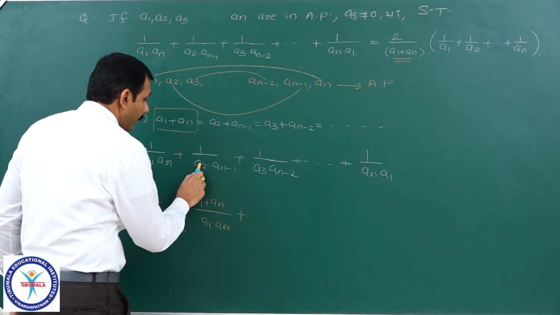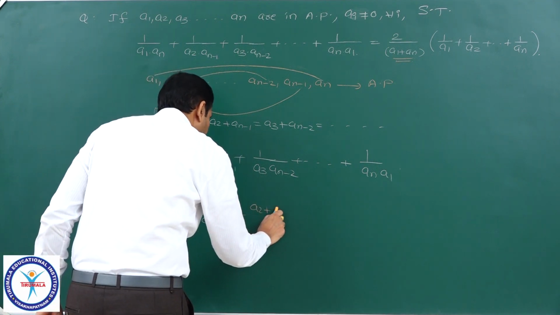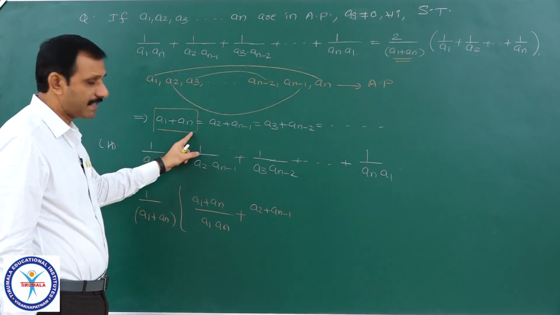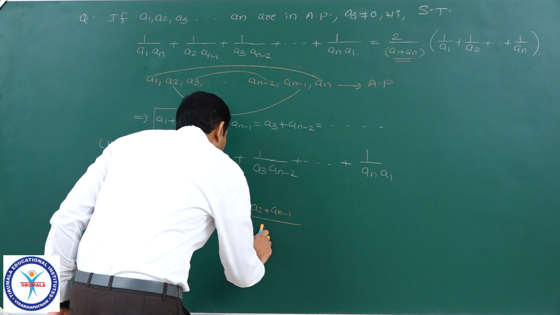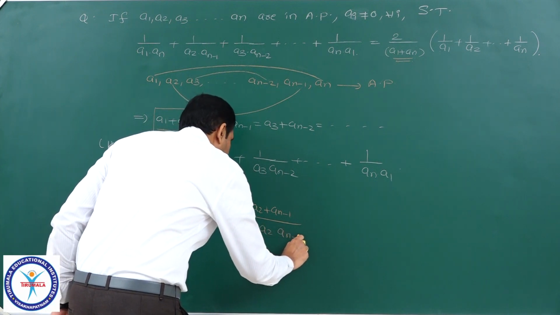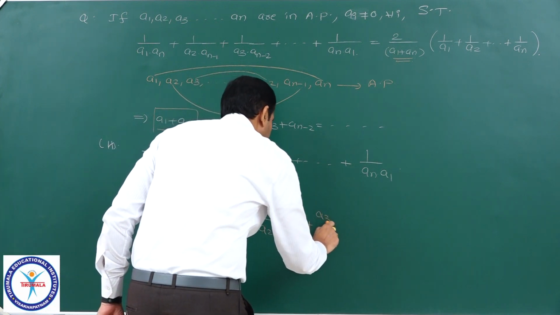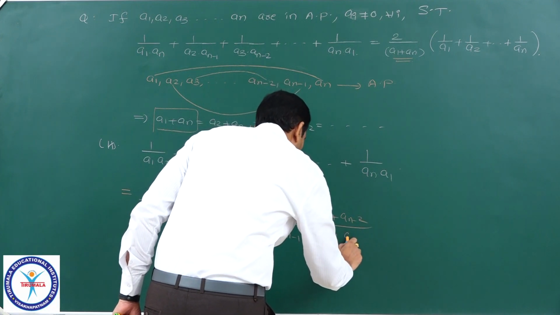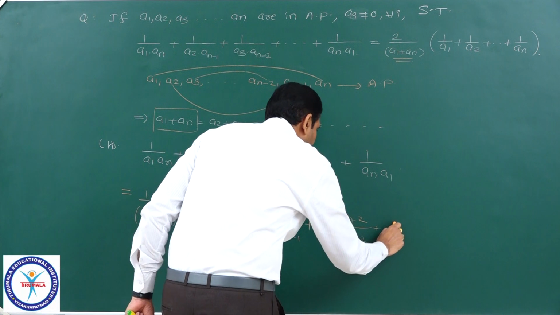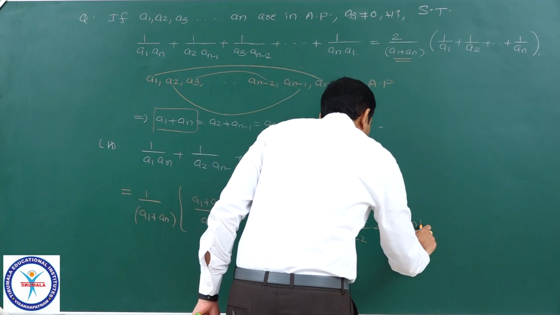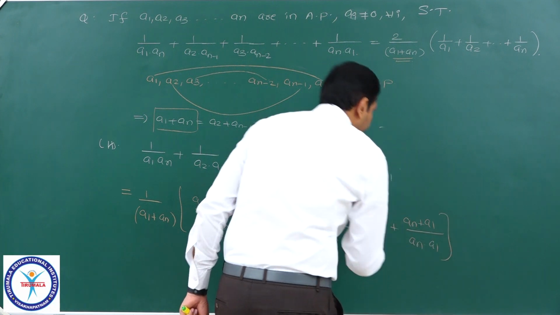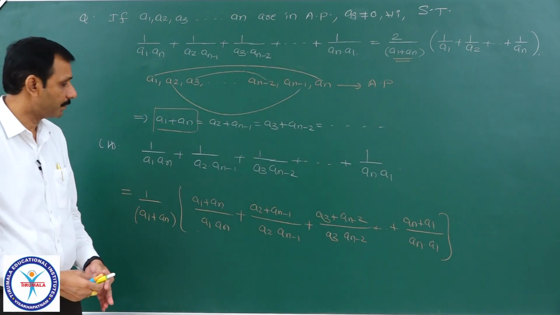In the second one I will write it as a2 plus an minus 1, because a2 plus an minus 1 is equal to a1 plus an only, by a2 into an minus 1, plus a3 plus an minus 2 by a3 into an minus 2, plus and so on, plus again an plus a1 by an into a1. Observe this.